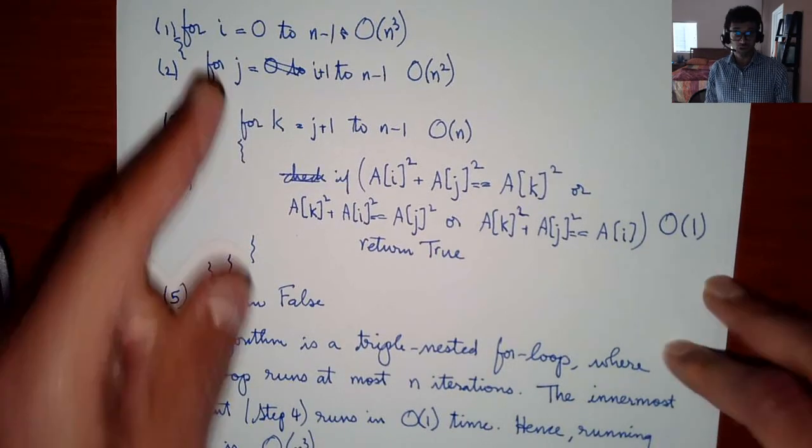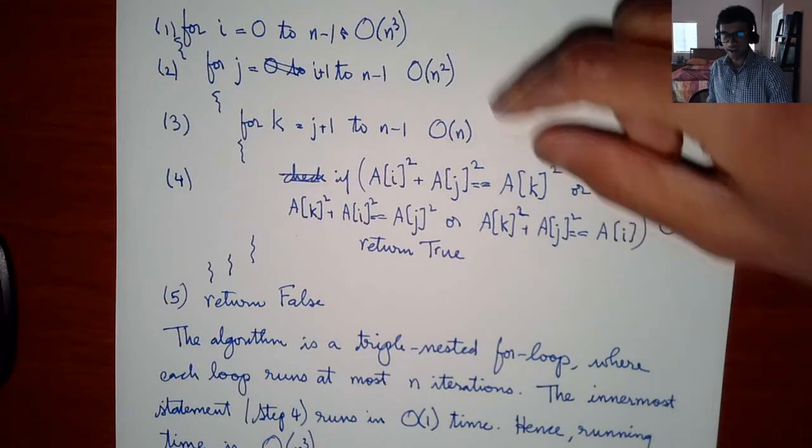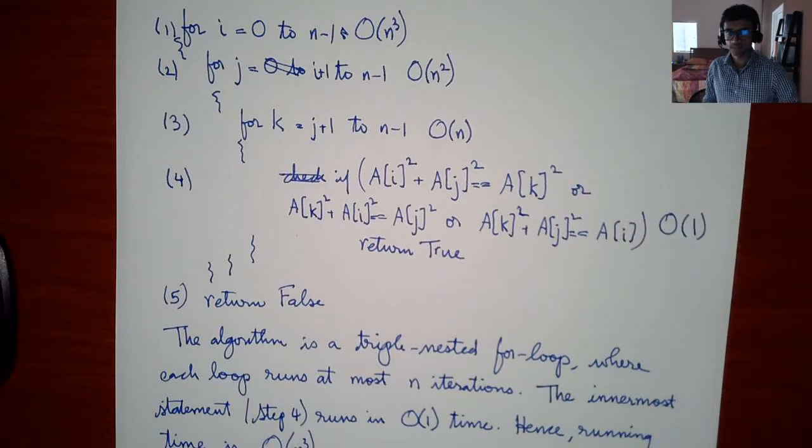The j for loop is running the k for loop at most n times, so it's O of n squared. The i for loop is running the j for loop at most O of n times, so it becomes n cubed. And if step 4 was n, then it would be n to the 4, right? It would be n squared, n cubed, n to the fourth. Okay, that makes sense. Thank you.